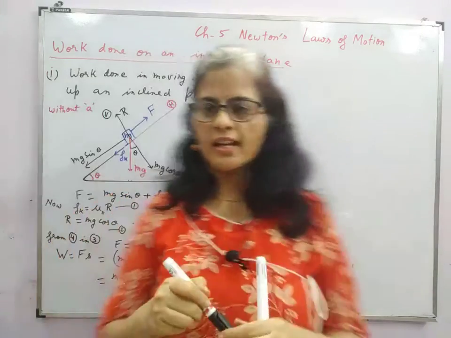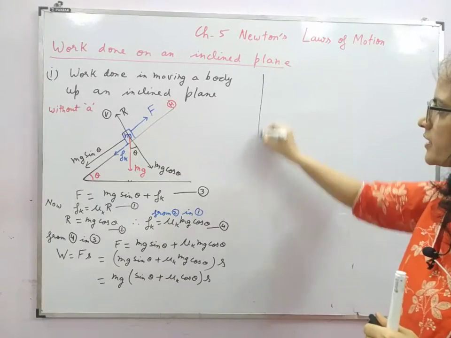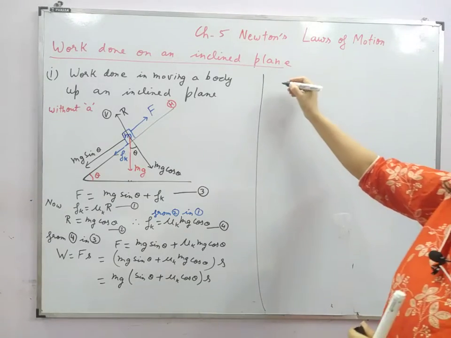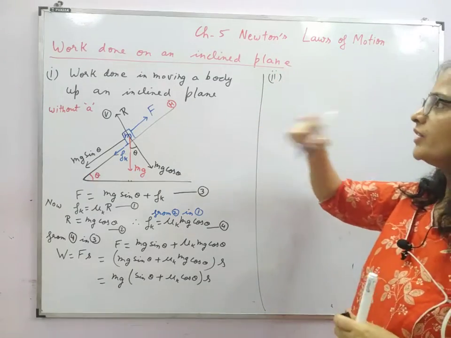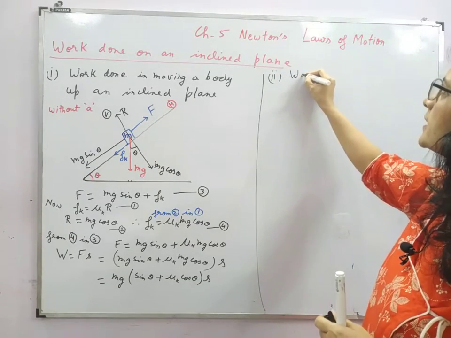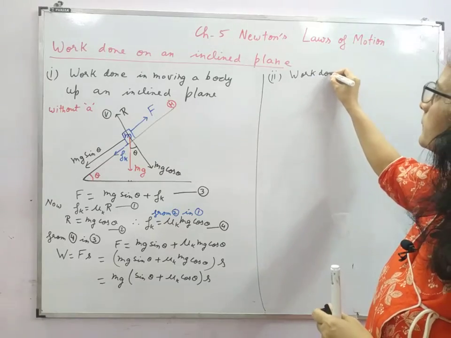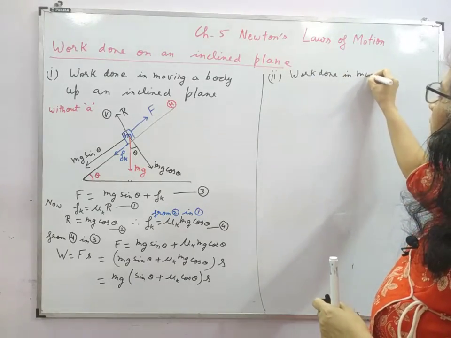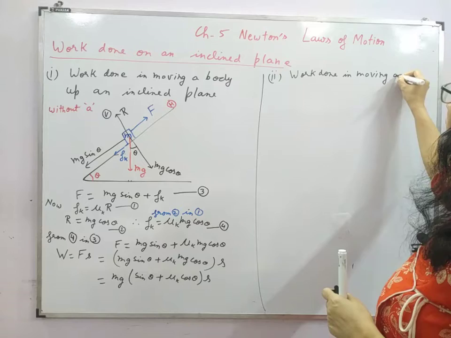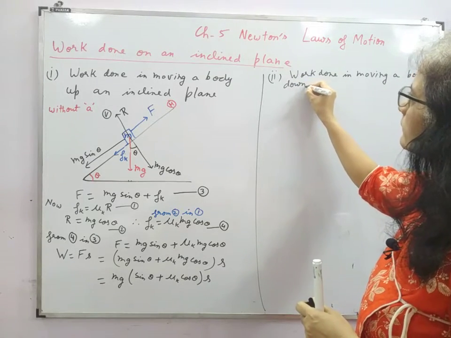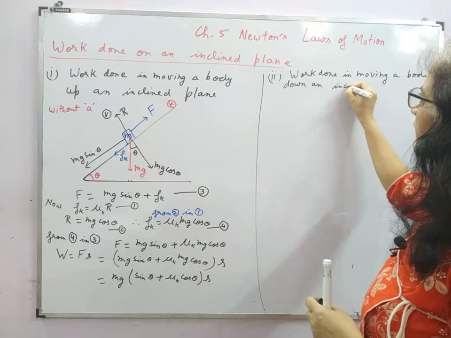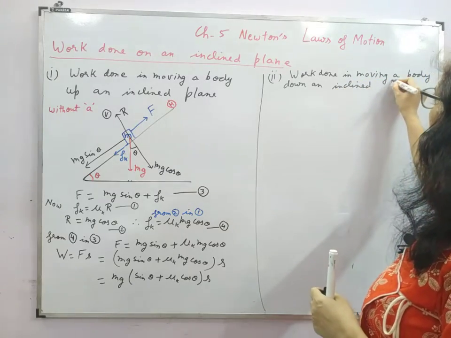Now I'll consider the case for work done in moving a body down an inclined plane, again without acceleration. So, work done in moving a body down an inclined plane.